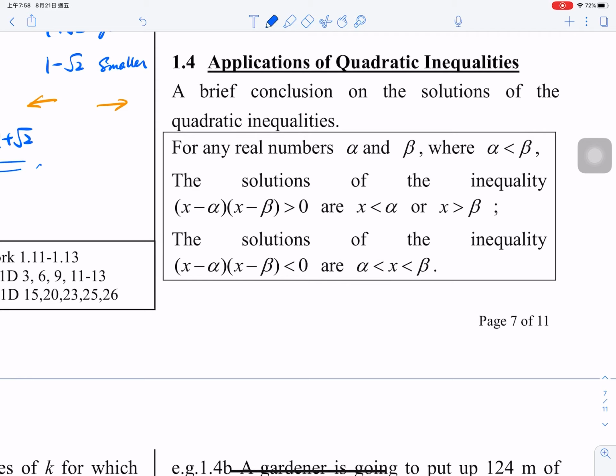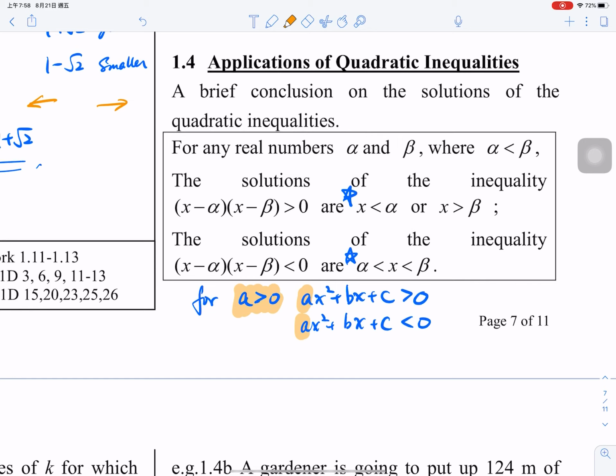But remember this one and this one are only for a greater than 0. That means ax squared plus bx plus c greater than 0 or smaller than 0. I highlight this one, a, for only this one.